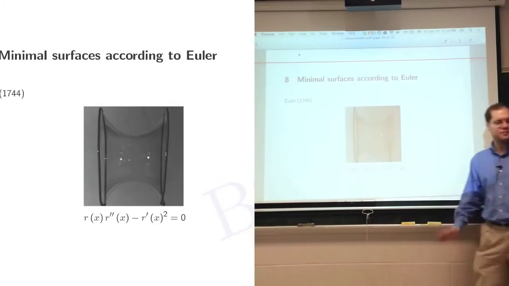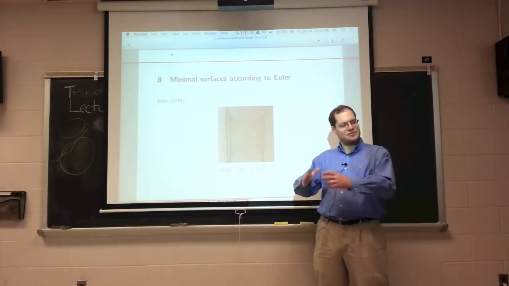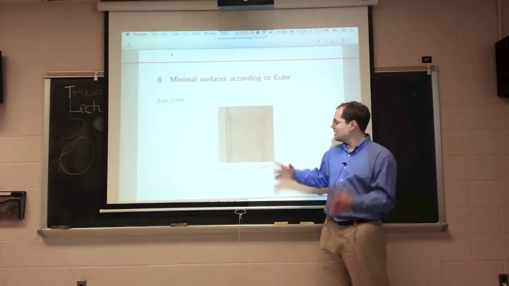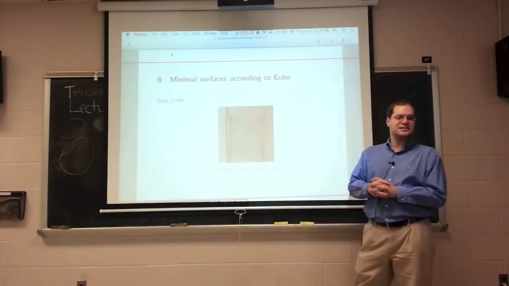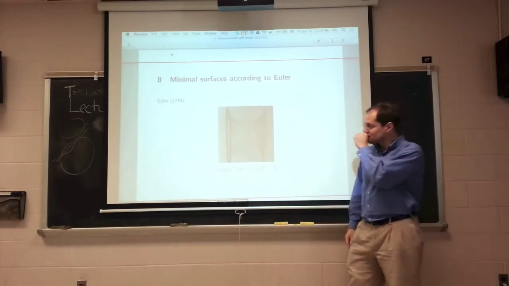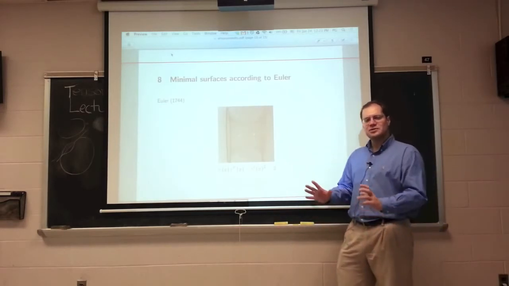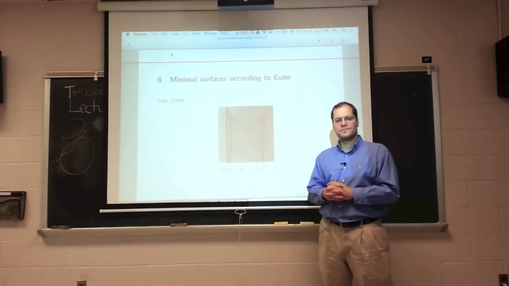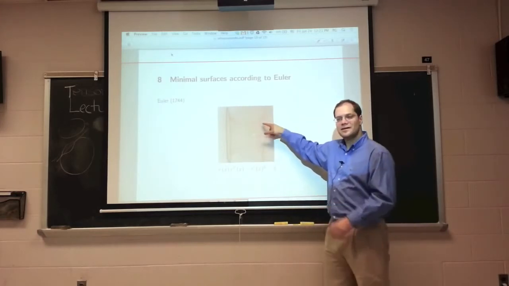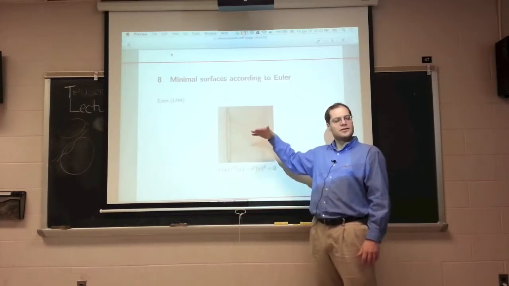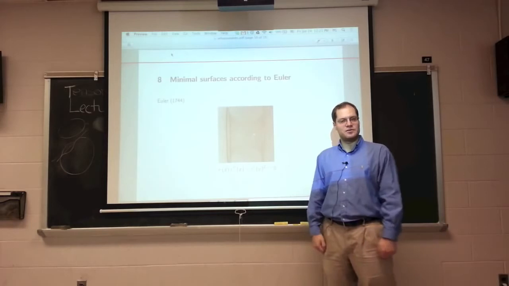Euler wasn't thinking about soap films, perhaps, but he just asked it in abstraction. What's the surface of revolution that has the smallest area? So his approach did combine calculus with geometry, but he was thinking very geometrically. And he was only looking at the profile of the shape and thinking what profile would give me the smallest surface area if I were to consider shape of revolution.